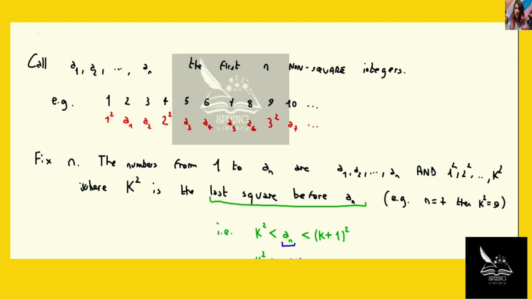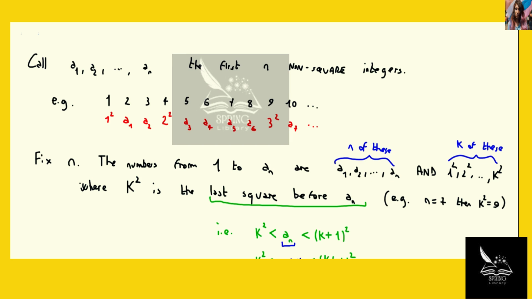That's exactly n plus k, because up to an there are the numbers a1, a2 all the way up to an, and those are exactly n numbers. And then there are the squares that we skipped, and those are exactly k. So the value of an is n plus k.